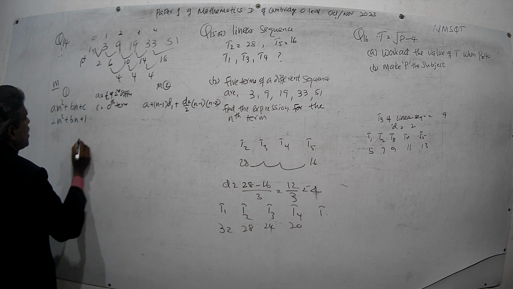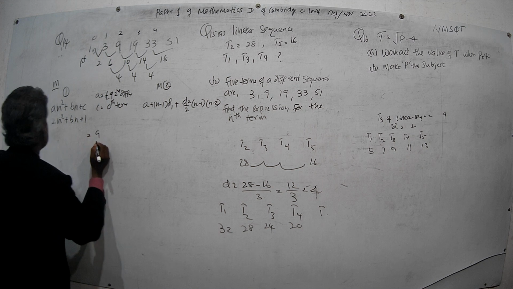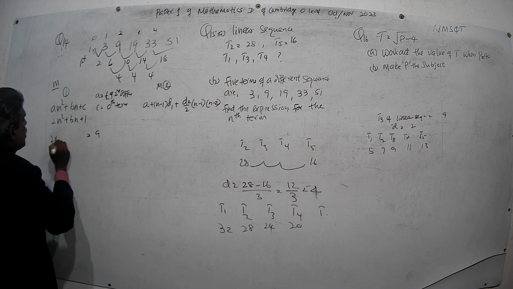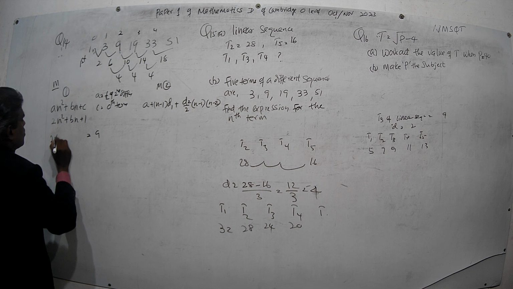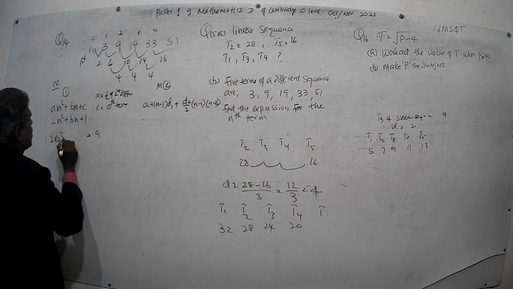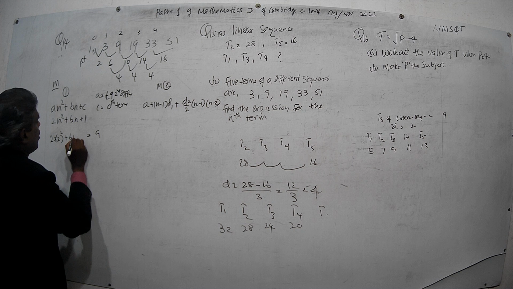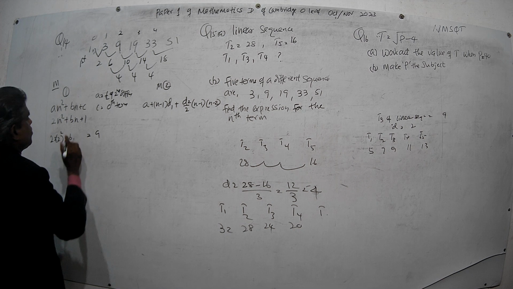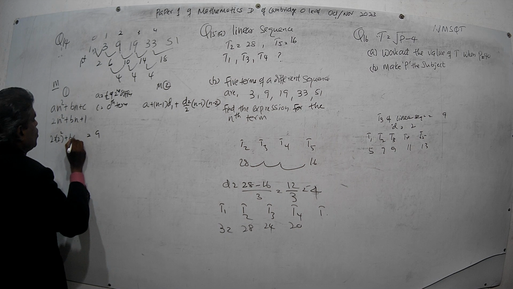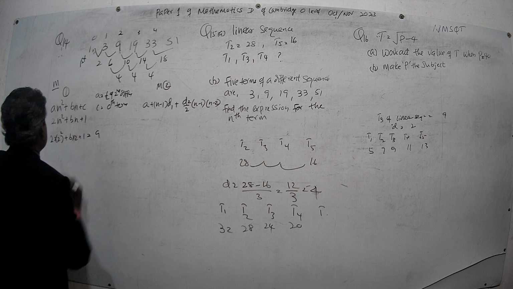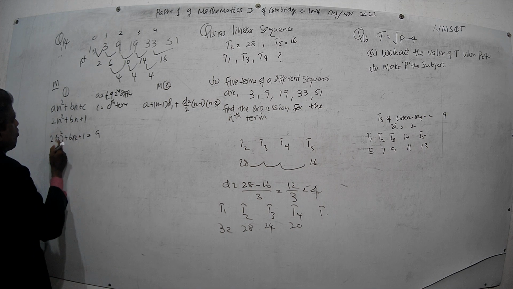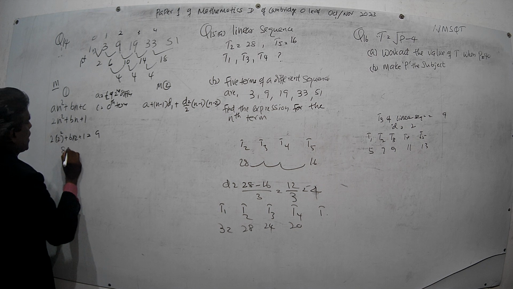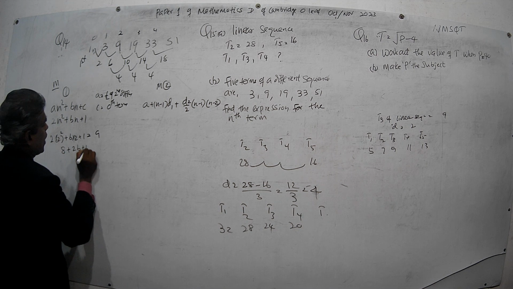Let's say the term is 9. Then n is 2, the second term. So 2 times 2 squared plus 2b plus 1 equals 9. 2 squared is 4, 4 times 2 is 8, plus 2b plus 1.